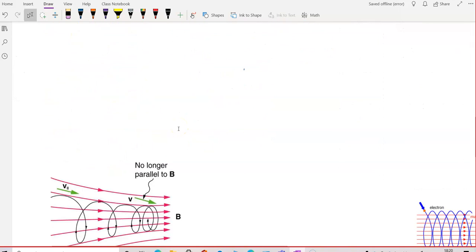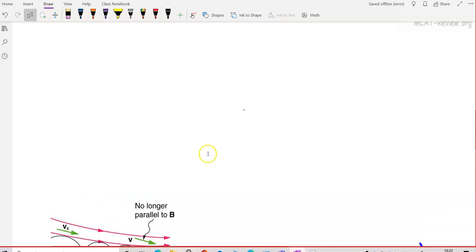So we are taking another diagram where the charged particle enters according to our consideration, assuming this manner. This is a crossed field over there.